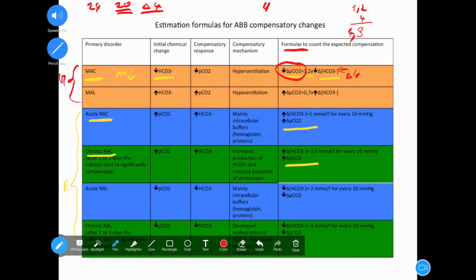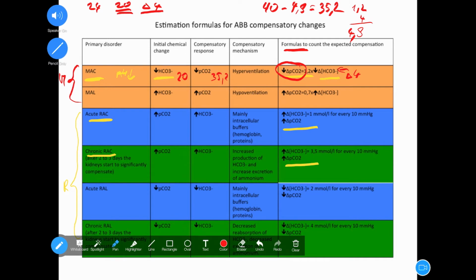So 40, that's the normal value of CO2, minus 4.8 is 35.2. So in this theoretical example, you take blood gases, bicarb is 20, and CO2 goes to 35.2. And if it fits these numbers, then you know the change of CO2 is just a compensatory reaction of the lungs. Okay?